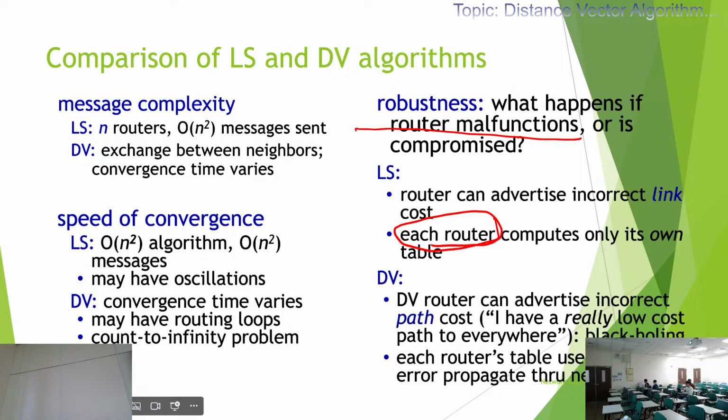But distance vector advertises the path cost, so the error will propagate through the network.